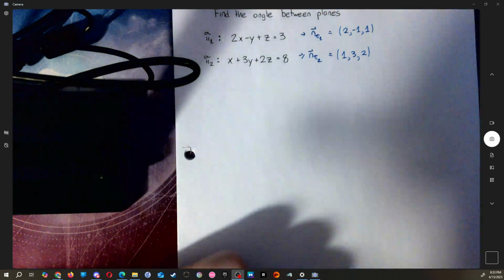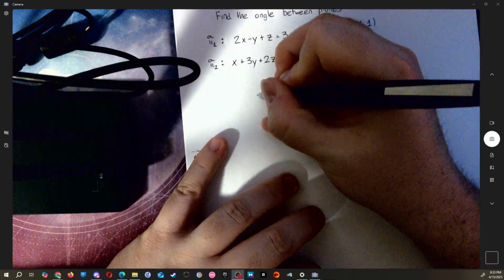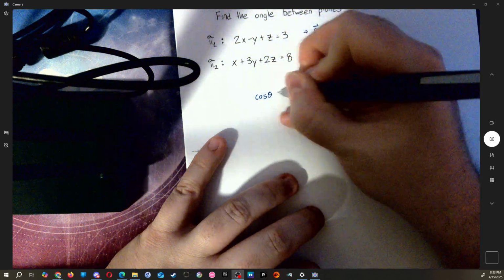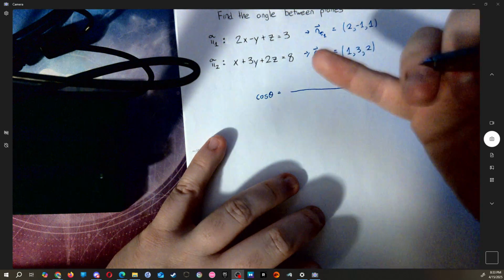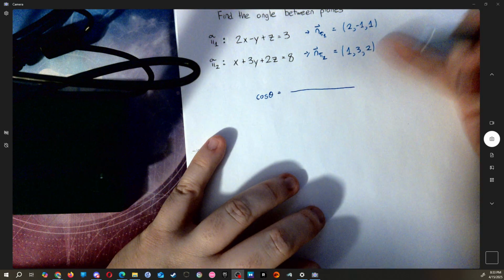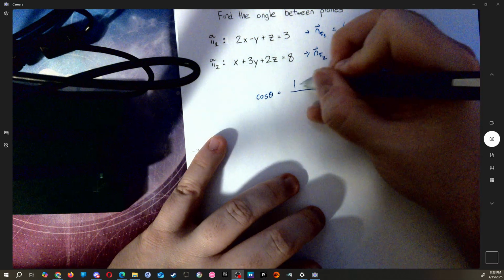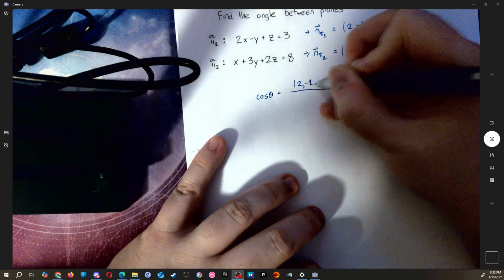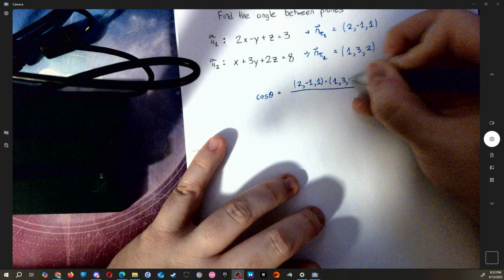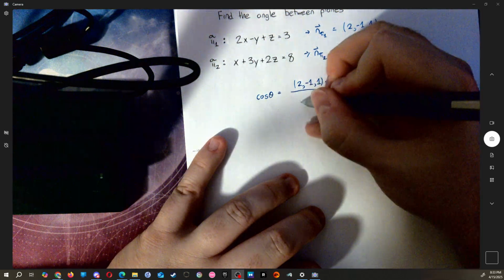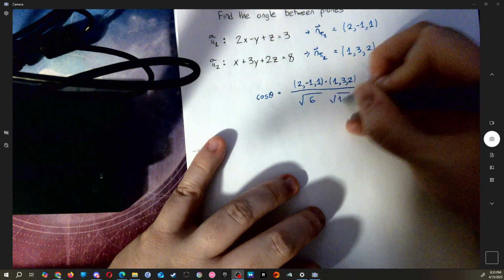But now that I have these two, very nice and straightforward, the cosine of theta is just going to be equal to everything plugged in, right? I've got one normal dotted with my other normal divided by the magnitude of both individual normals. So 2, -1, and 1 dotted with 1, 3, and 2, then divided by the square root of 6 and the square root of 14.